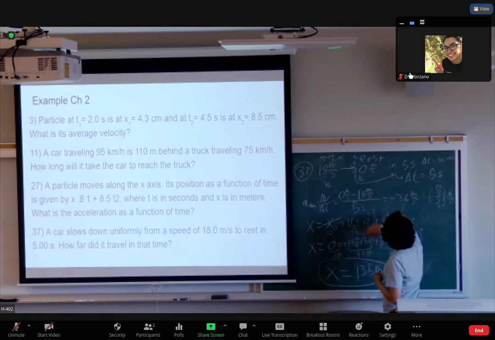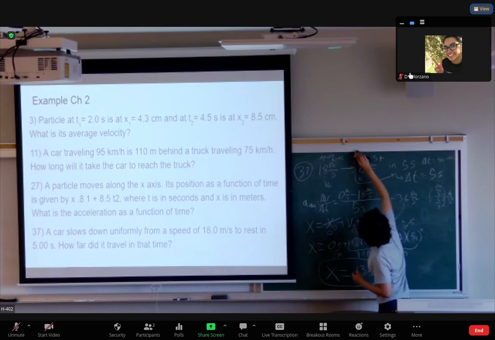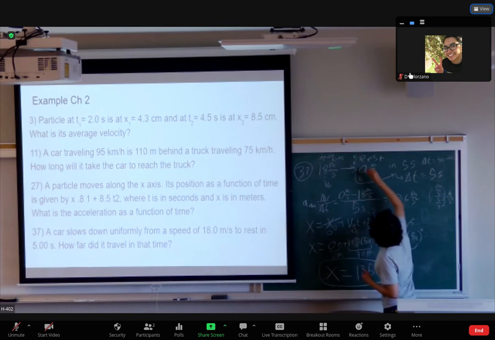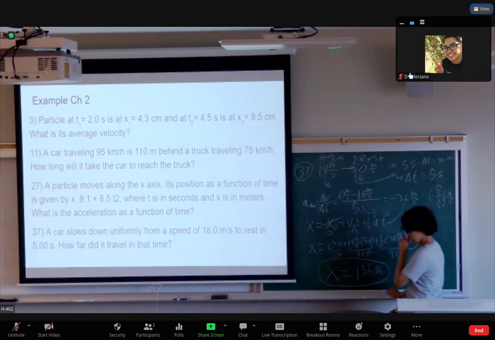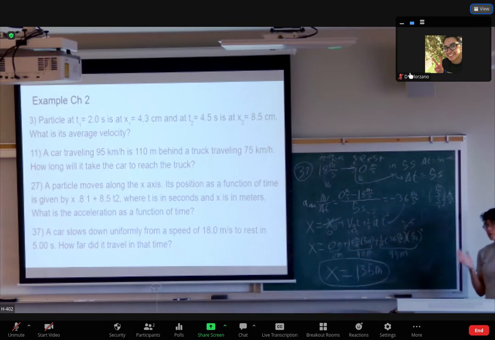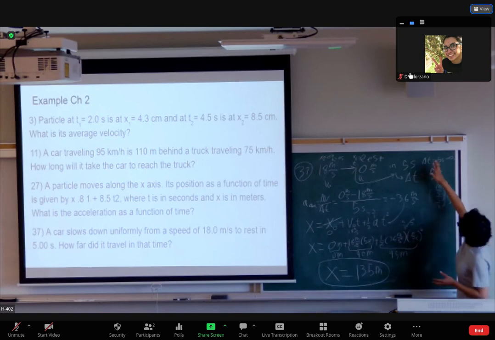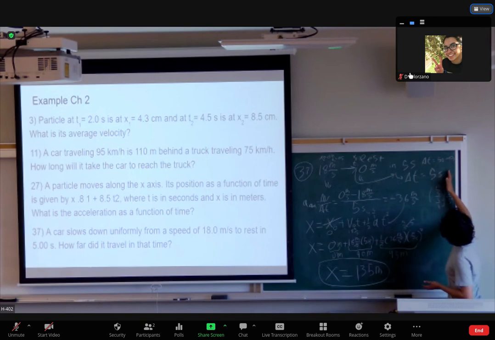Right? So then you're going to need to calculate for x1. And then your t1 is given because it's in 5 seconds. If you set your x naught as 0, that means your last t should be 5, because 5 minus 0 is 5 seconds.